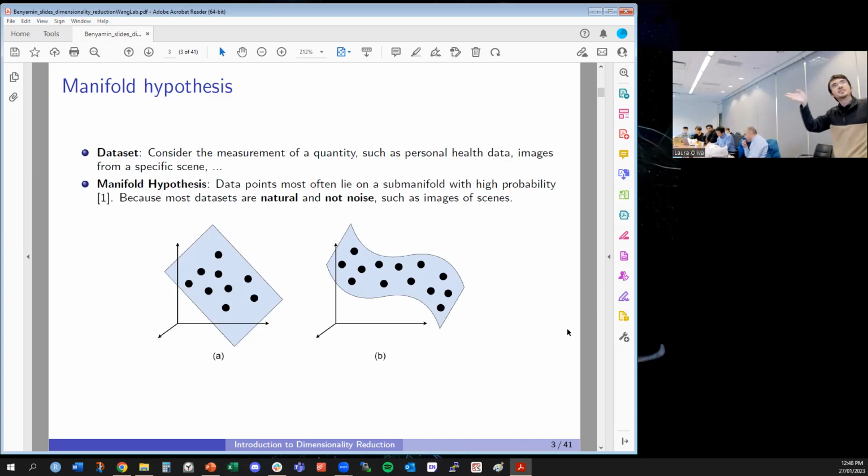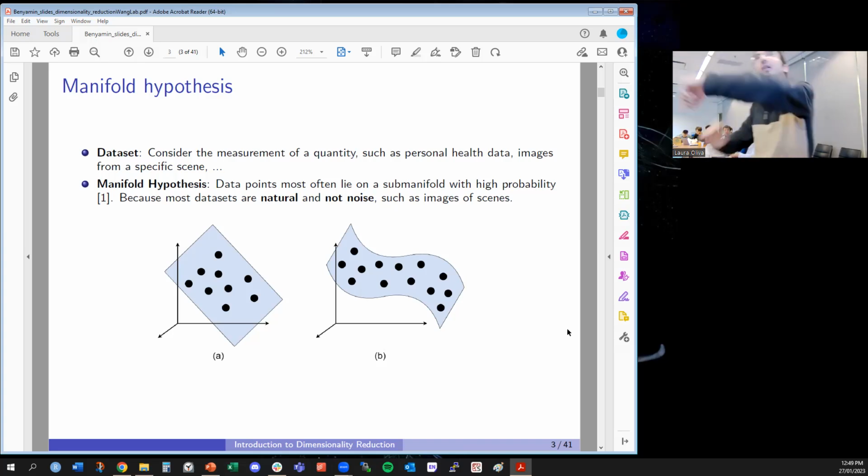For example, here in figure A, you can see that there are 3D data points, but they lie on a linear hyperplane, or plane here because we are in 3D. They might also be nonlinear. So the subspace or submanifold can be nonlinear, such as here.